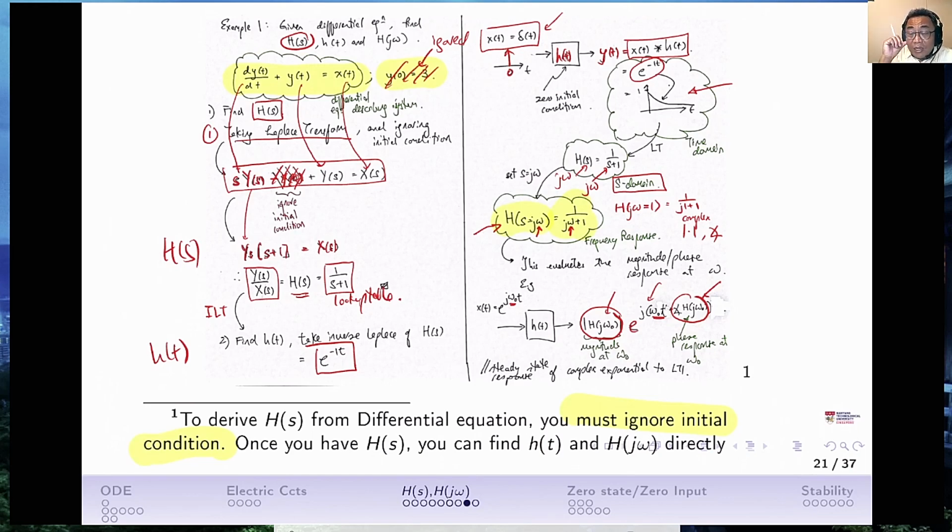I have calculated y(t) using H(jω), and when we do that, this output is called the steady state response. In the next slide, I will show you that the steady state response is only part of the answer. There's something called the transient response.